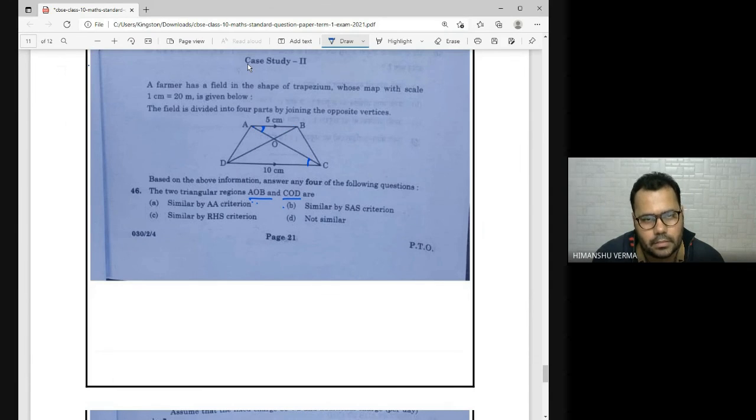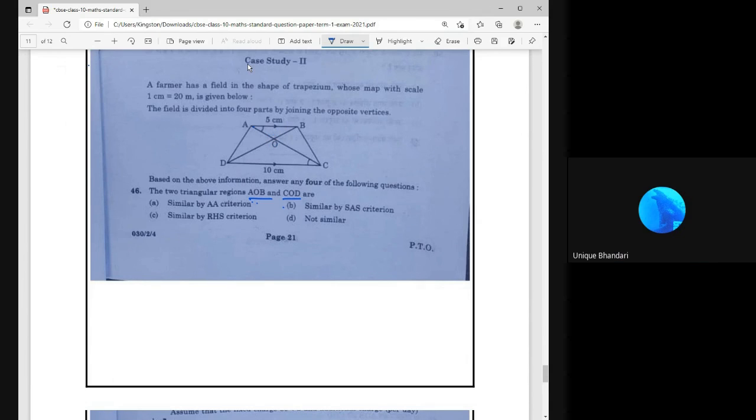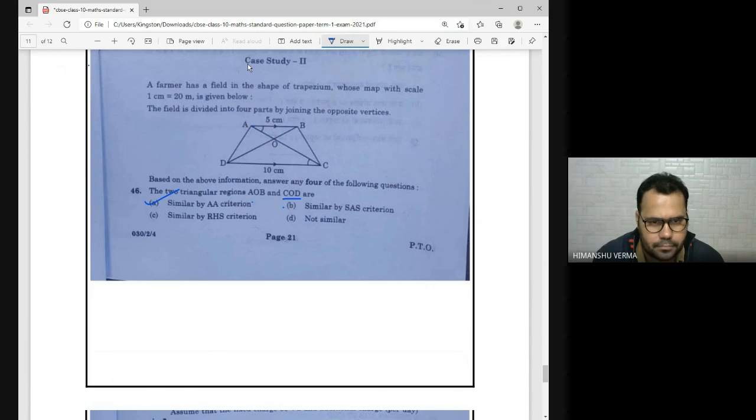If you look at this, these two angles are given and they are equal. Of course these angles are also equal, but we are not considering it here. Maybe these two angles are vertically opposite, that's why you applied double A. Then double A is fine. There is no side given.